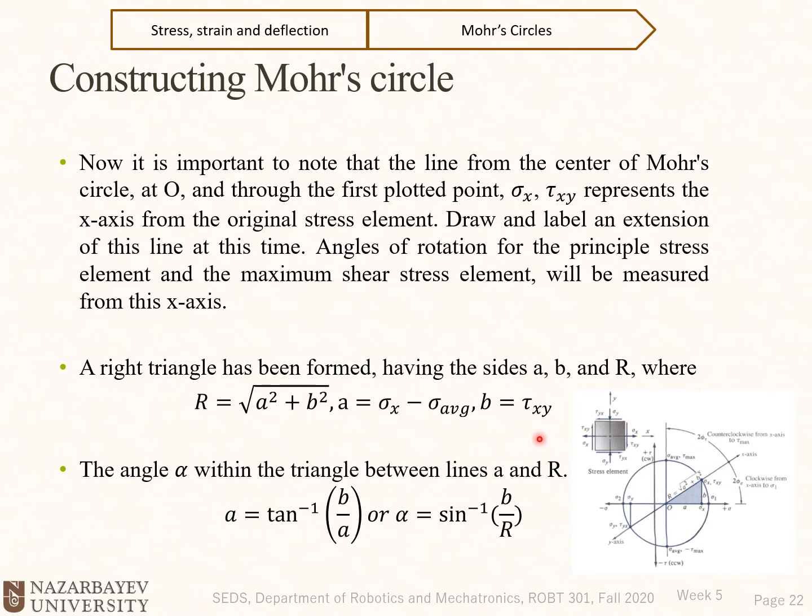Find these equations by yourself one by one and see where they are coming from. See if you could find the radius of the Mohr circle, the center of it, and the alpha angle.